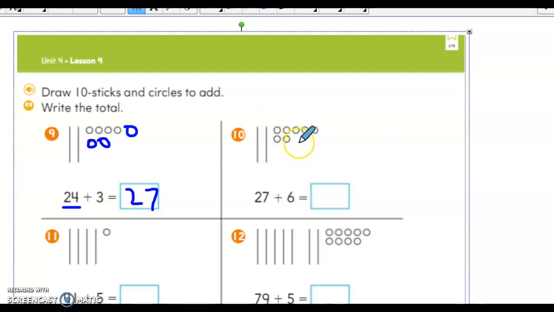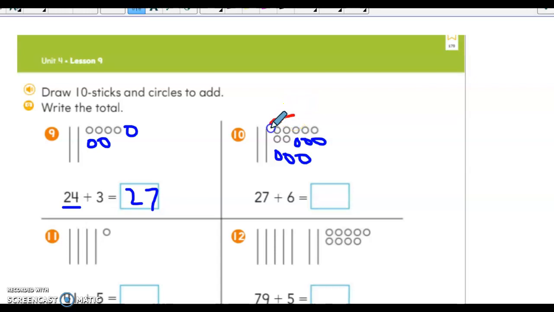So let's draw 6 circles. 1, 2, 3, 4, 5, 6. What does this look like to you? We have 2 5s. That looks like a 10. So I'm going to circle this so that we know that this is a 10. Okay?